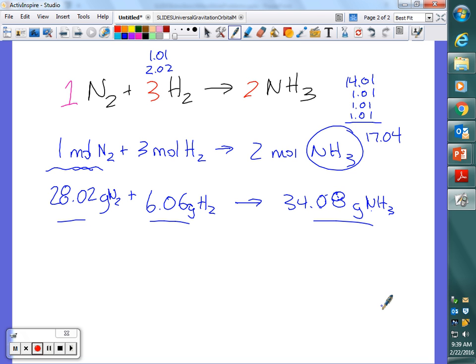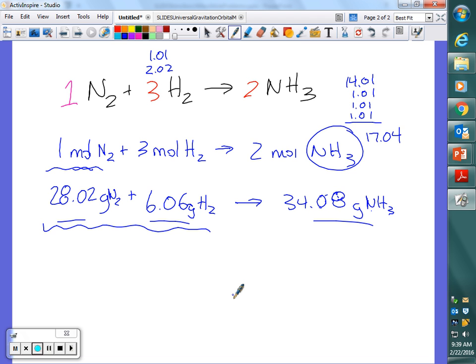Nate, what do the coefficients tell us? How many hydrogens do we need for every nitrogen? 3 to 1, right? That's what these coefficients tell us. We need 3 hydrogens for every 1 nitrogen. But when you weigh it out, is that a 3 to 1 ratio? No. Because each individual molecule weighs different.